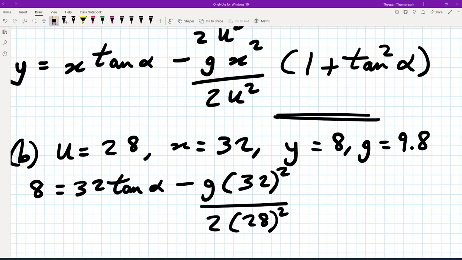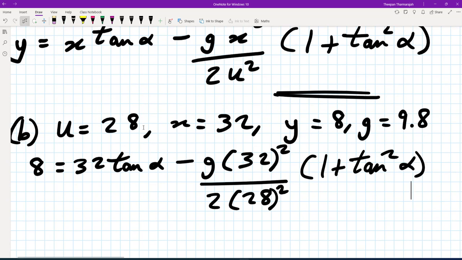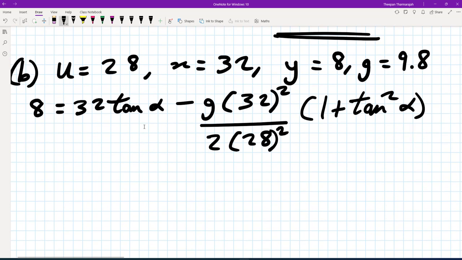And to make our 8 a bit clearer, then we have 1 plus tan squared alpha.